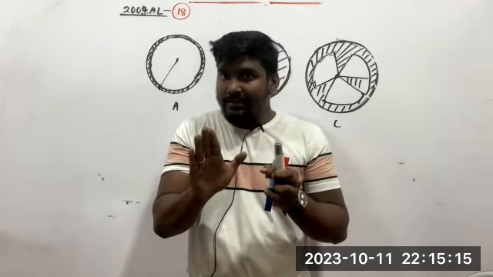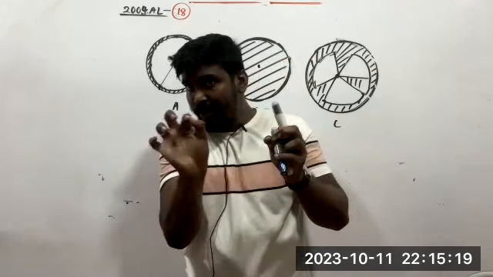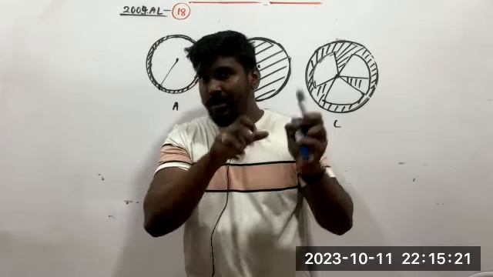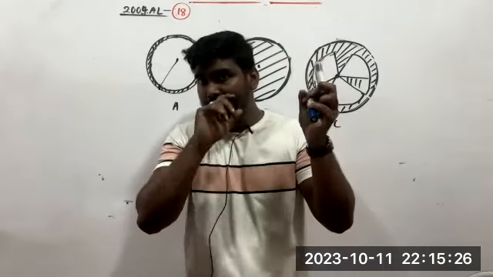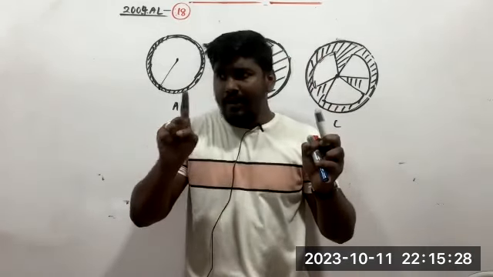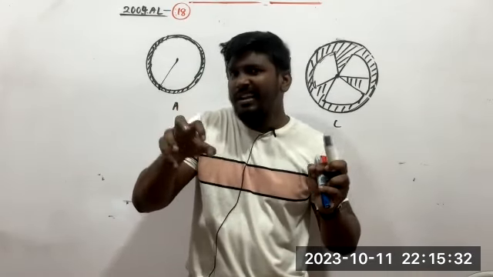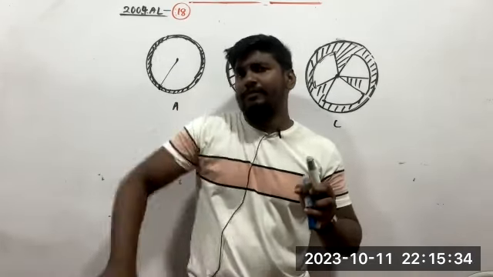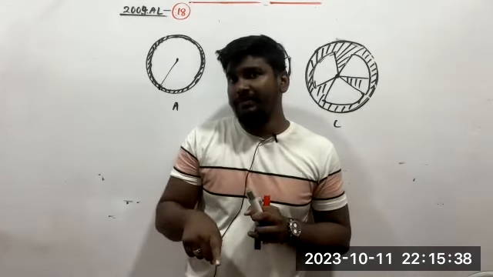Previously, I told you that mass distribution depends on the length from the axis of rotation. That's one important point, put it in a short note. Mass distribution depends on the length from the axis of rotation, and also on the mass concentration.